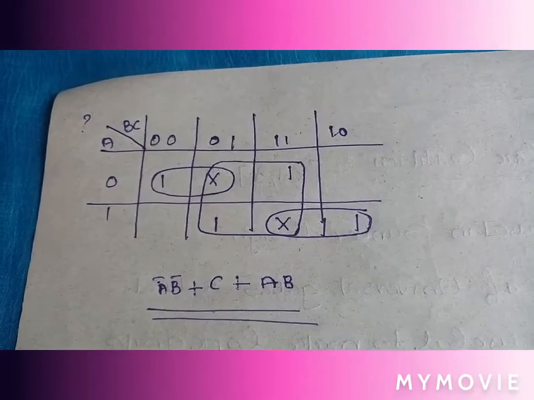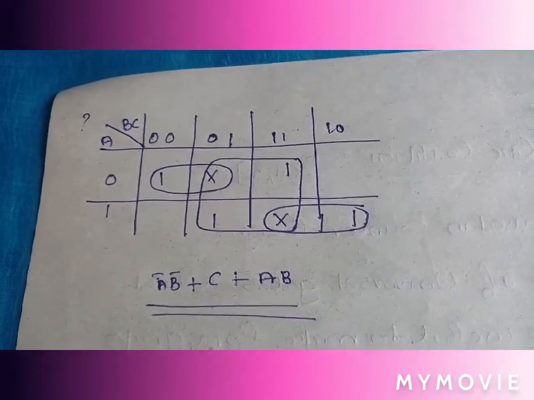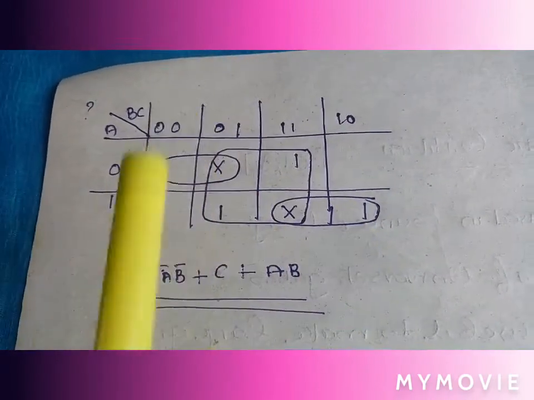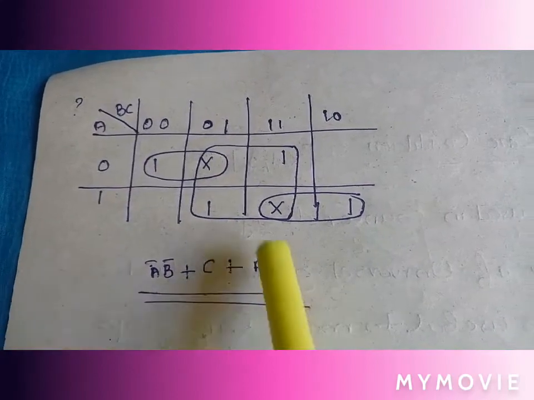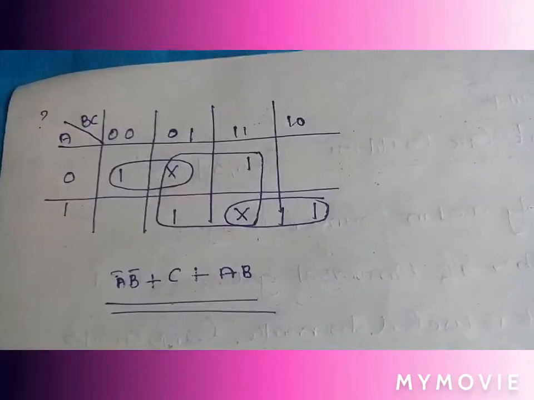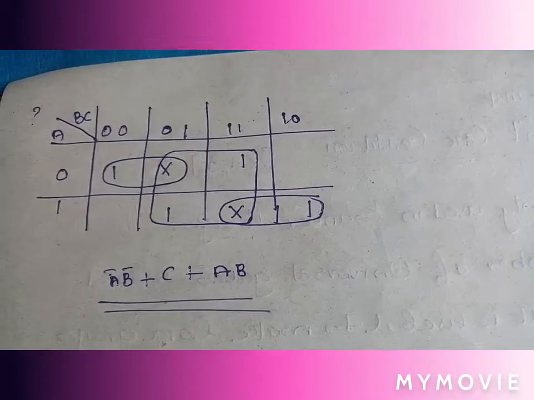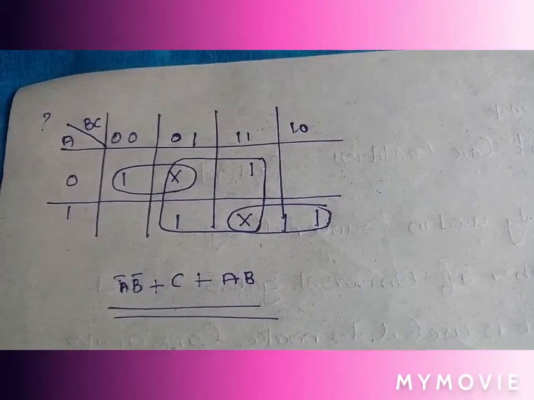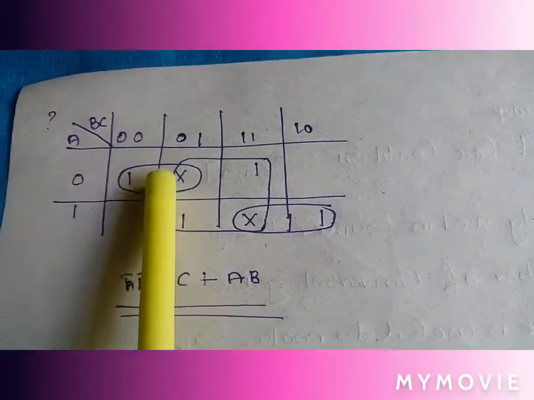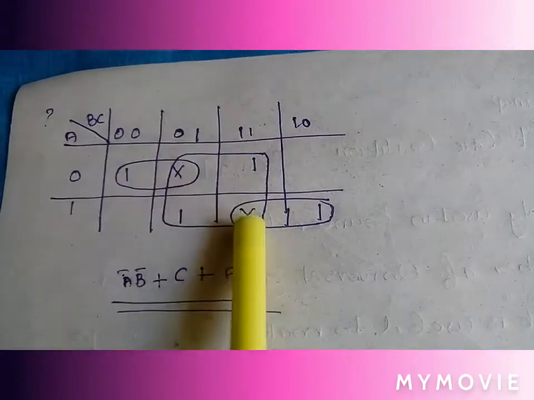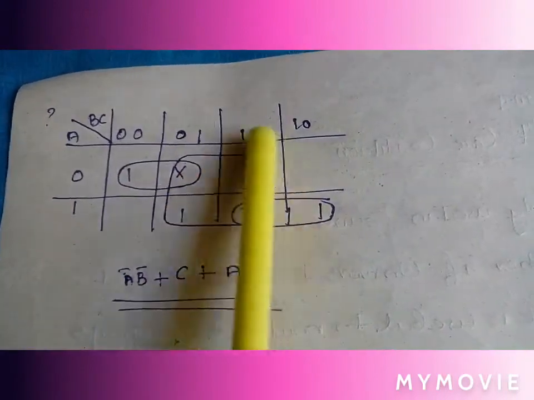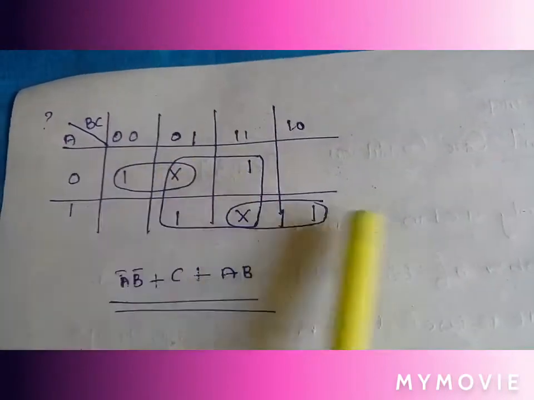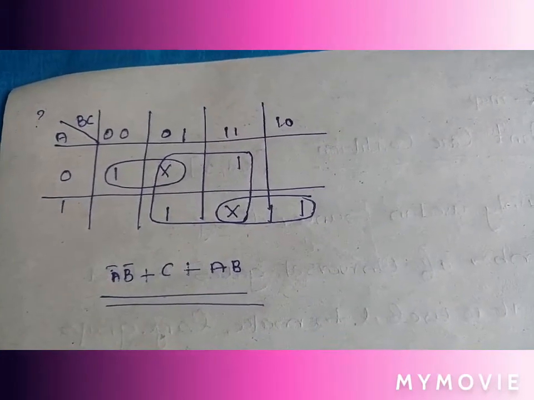Consider this question. Here X represents the don't care and we find the output by, here we know that we can use the don't care to increase the size of the groups. So by using these don't care conditions we can make here a quad and here a pair and here also a pair.